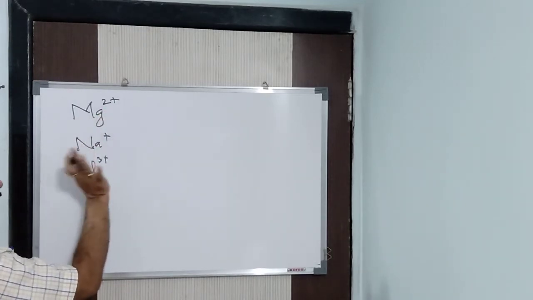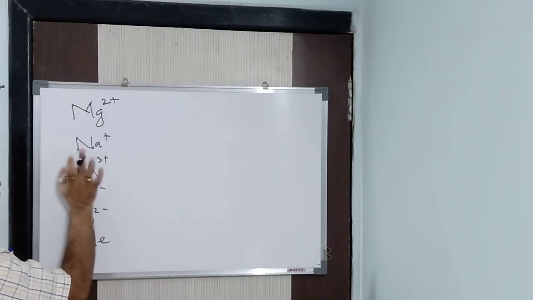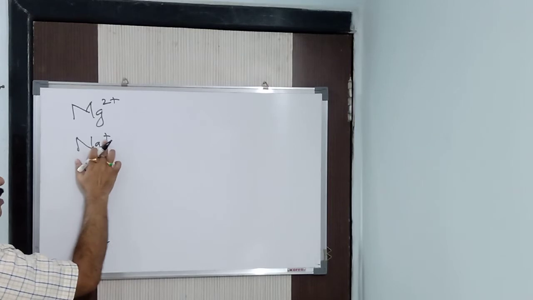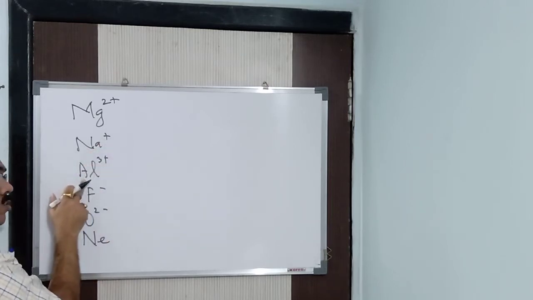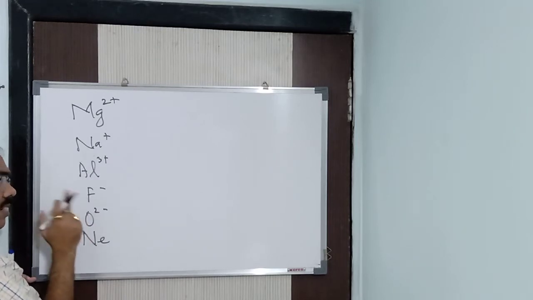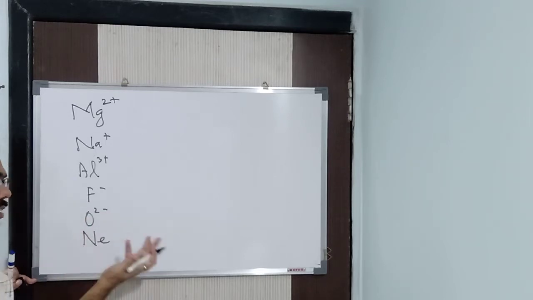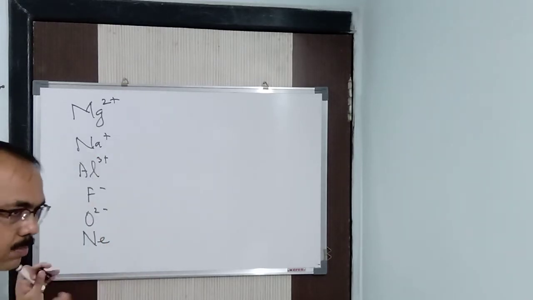Again, Na is having 11 neutral, 1+ means 1 electron less, so 10. Neutral aluminium 13, so 3 less means 10. F-, F is having 9, so 1 more means 10. O2-, same thing, 10, because 8 atomic number, 2 minus. Ne is neutral, 10. Got it? So all are isoelectronic species.